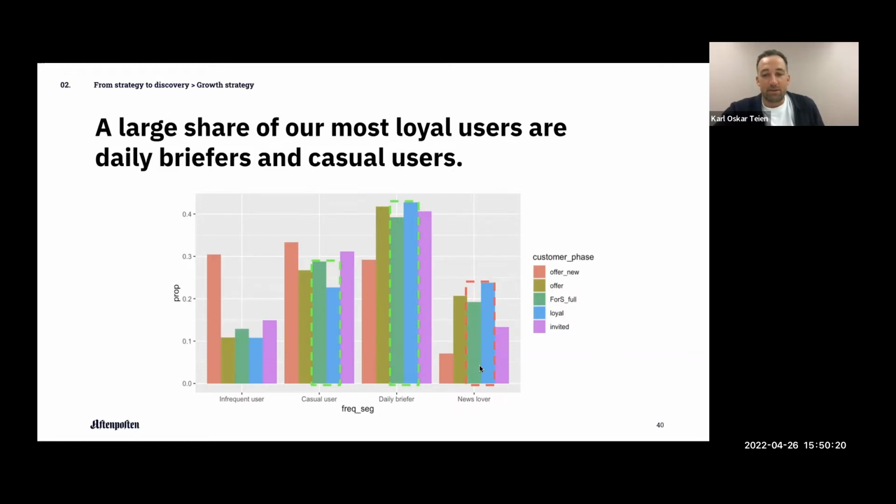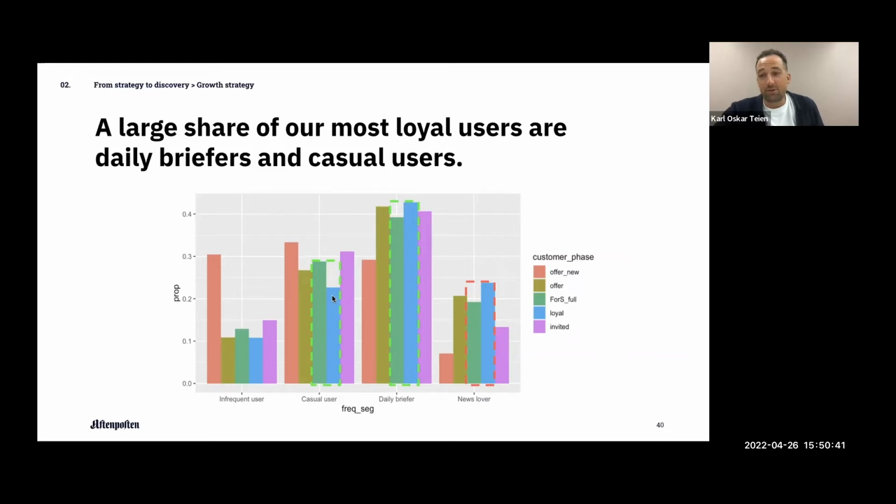And if you look at this, some interesting insights emerge. So let's just look at the news lover segment. So these are the hyper engaged users. If you look at that and you look at loyal users and a first or second full price invoice, you see that, well, there's a fair share of loyal users here. You see that there's just as many loyal users in the casual user segment.